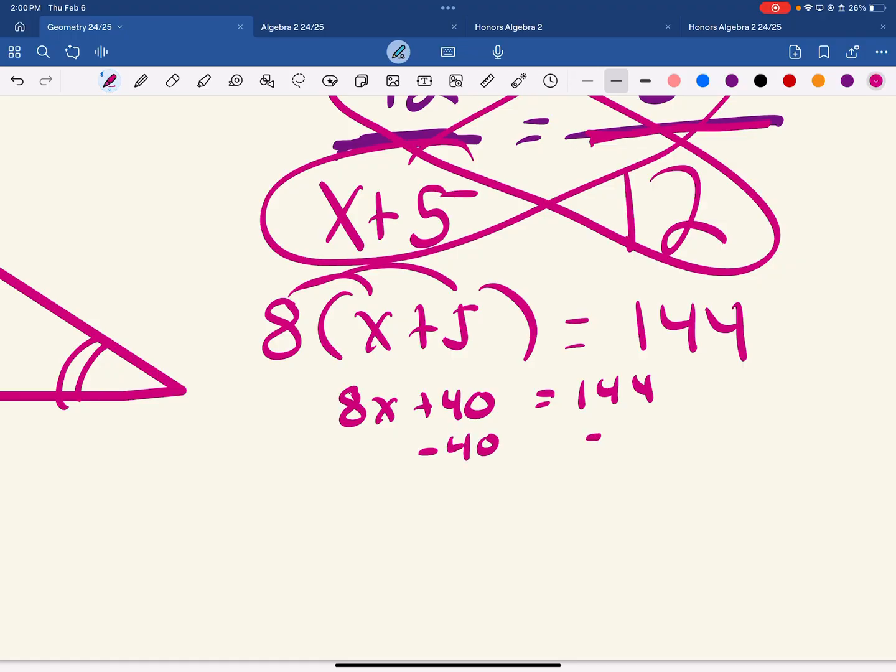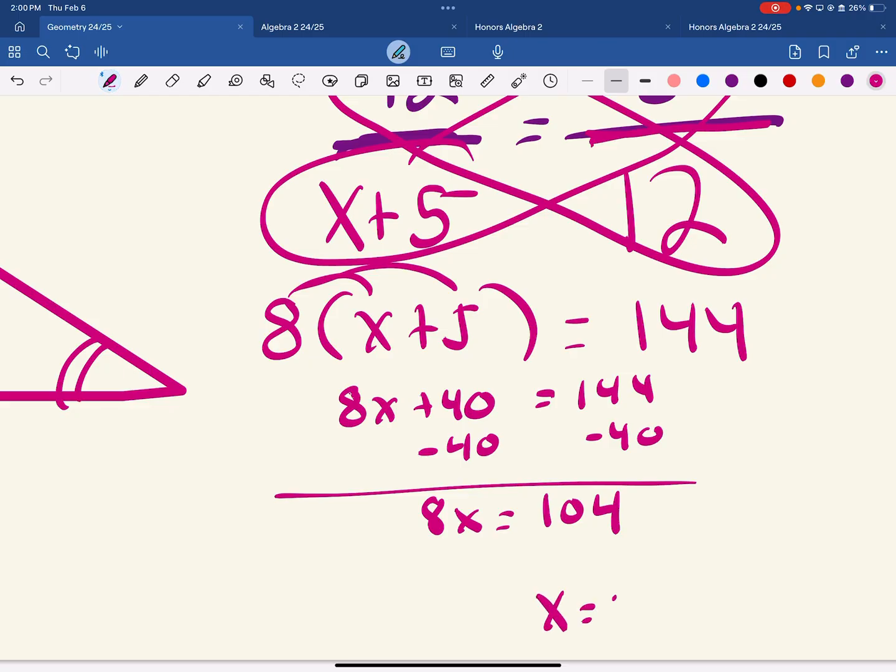Subtract 40. I can still do this one in my head. 8x equals 104. Now we ask Siri, hey Siri, what's 104 divided by 8? 104 divided by 8 is 13. So x is equal to 13.